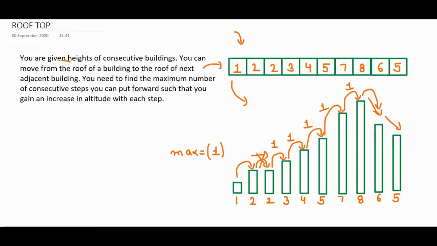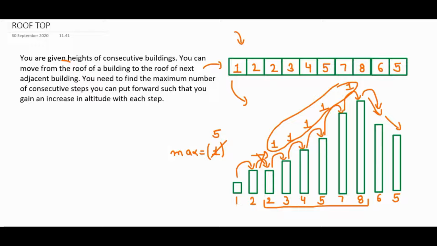So this is the consecutive part where the buildings are just increasing in altitude. There is no decrease in this part. Then we have a decrease. So this is one of our answers, which is 5 steps. We will remove this and put 5 here.